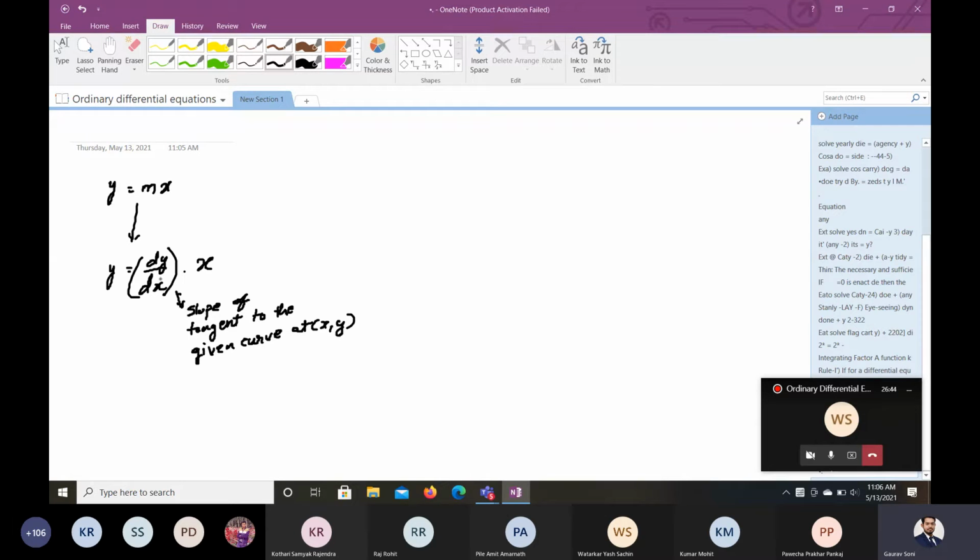This is what dy by dx represents. Now, this is my curve. I need another curve. As guessed earlier, it is a circle. And if I draw tangent at this point, then the angle is 90 degree. As someone said, dy by dx.